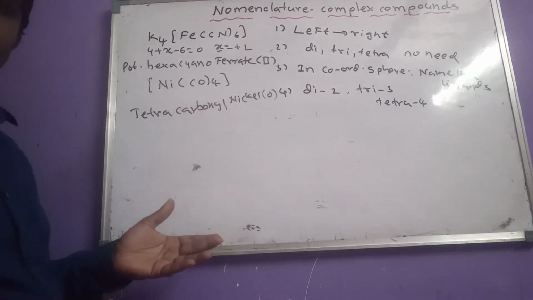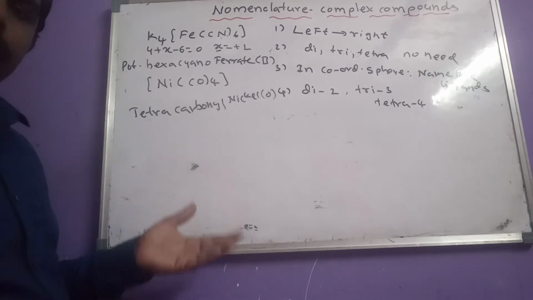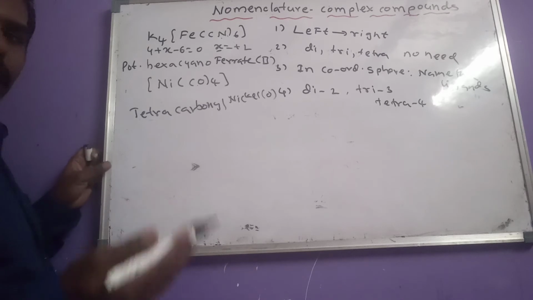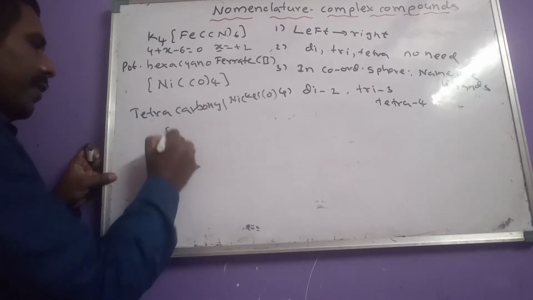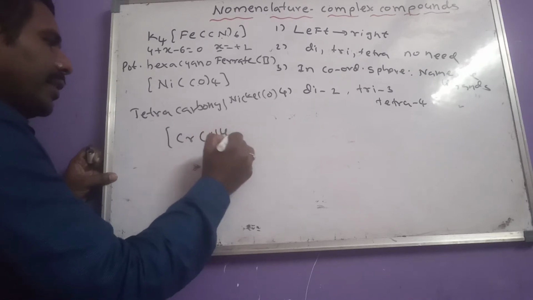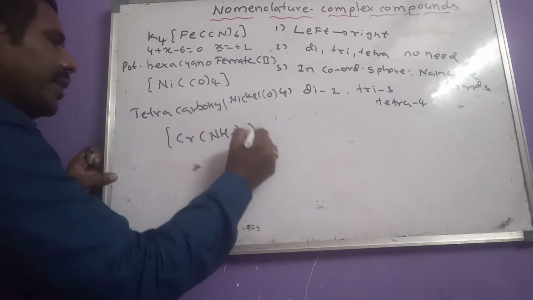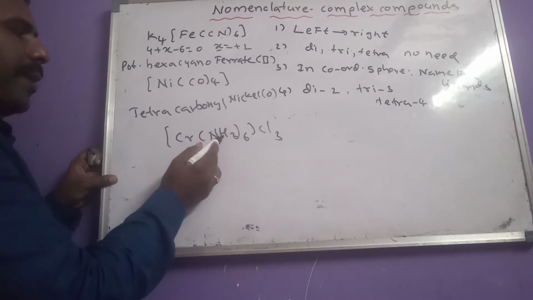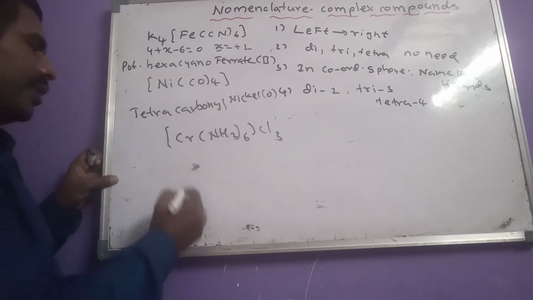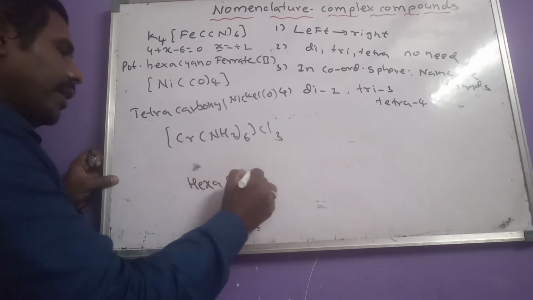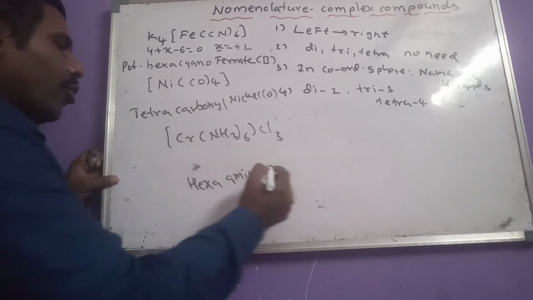Now let us go for the cationic complex compound. See the example here: [Cr(NH3)6]Cl3. Here six ammine ligands are present, so it is named hexaammine, and the metal is chromium.